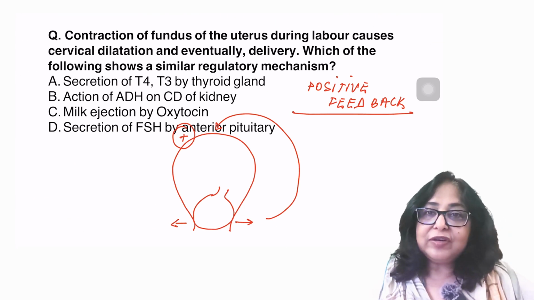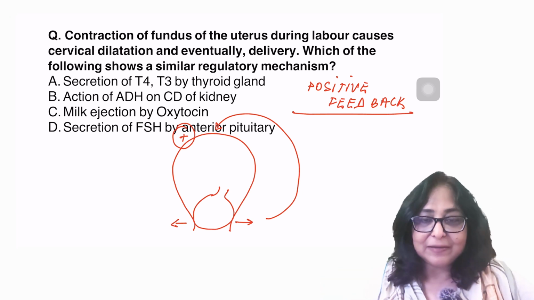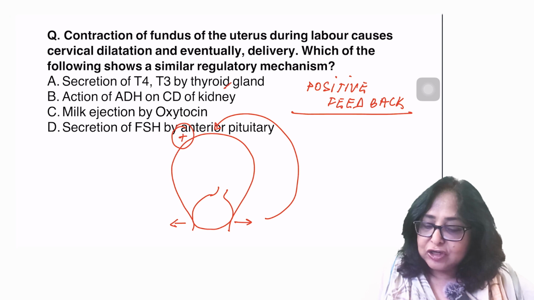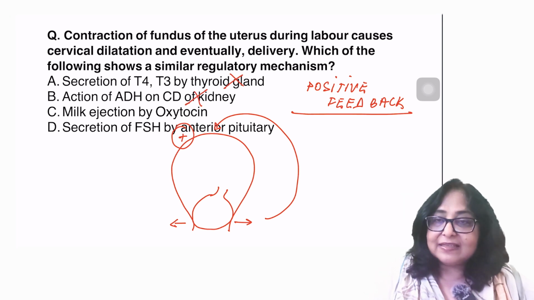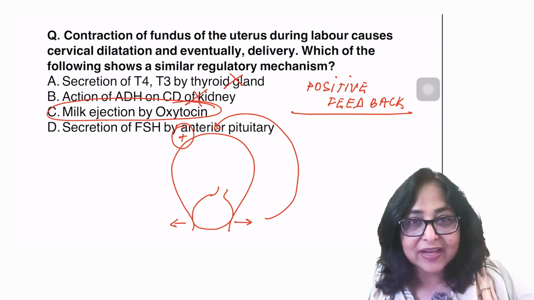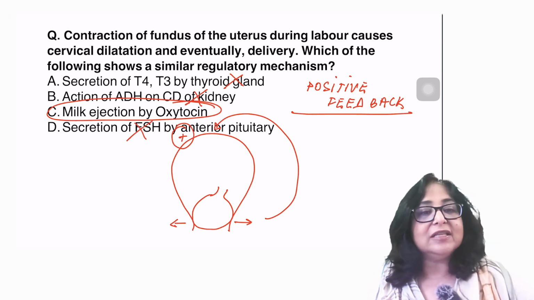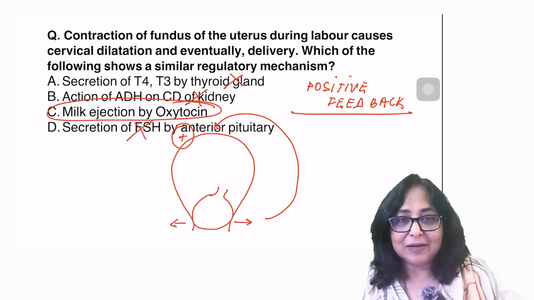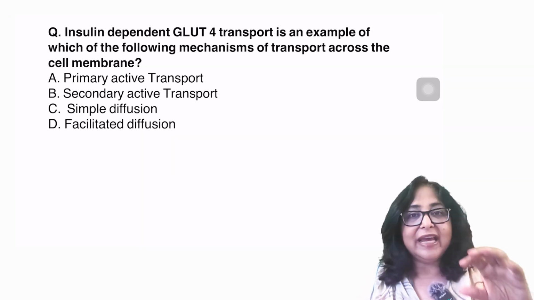Secretion of T4, T3 by thyroid gland. Secretion of most hormones is by a negative feedback mechanism. Action of ADH on collecting duct of the kidney, negative feedback mechanism. But the milk let down or the milk ejection reflex is a positive feedback mechanism. Secretion of FSH is also by a negative feedback mechanism. So answer here is C.